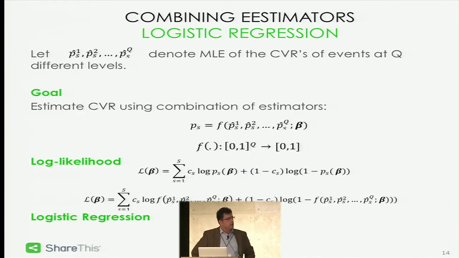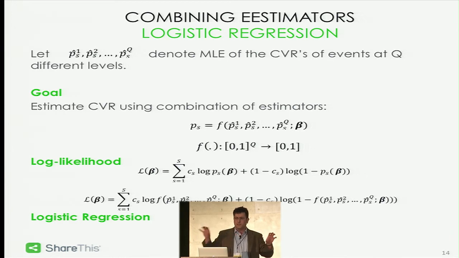We use the combining of the estimators, logistic regression estimators. The problem is that at each segment, at each dimension, we could calculate the P MLE. And this could be at Q different levels. On top of it, we have the weak estimators on each dimension.